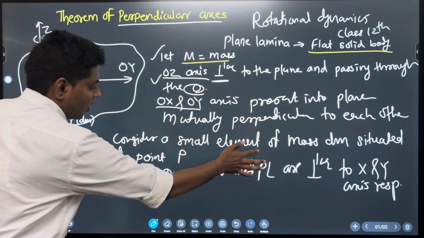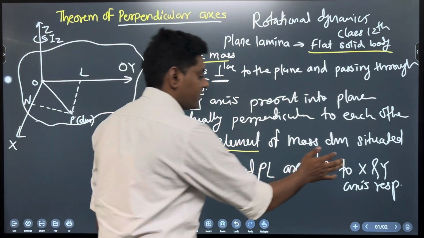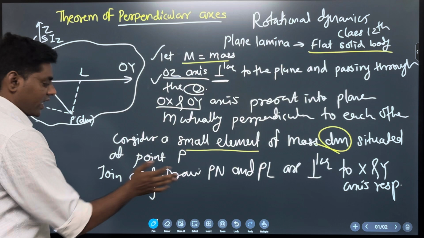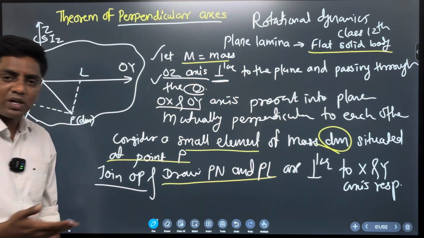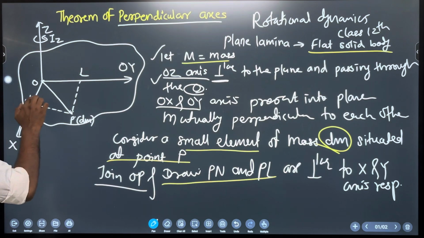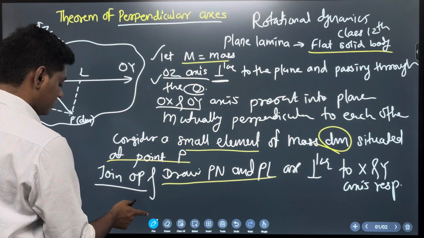Next we consider a small element of mass dm situated at point P, join OP, and draw PN and PL perpendicular to the x-axis and y-axis respectively.